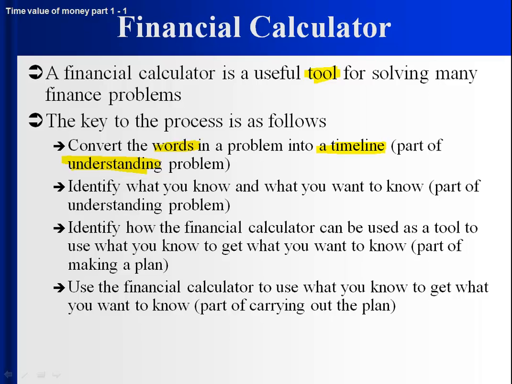Really understand exactly what's going on. Then, can the financial calculator be used as a tool to help us know what we want to know? So, can we use the calculator? Can it do some computations for us to help us answer the question? And then finally, we use the financial calculator.